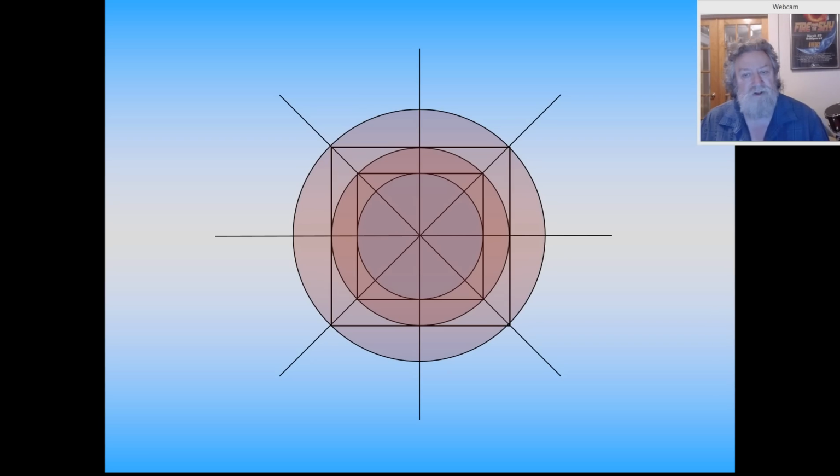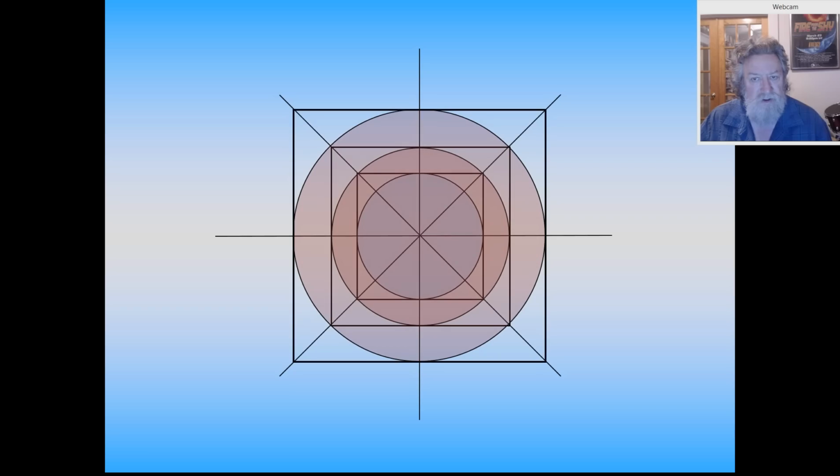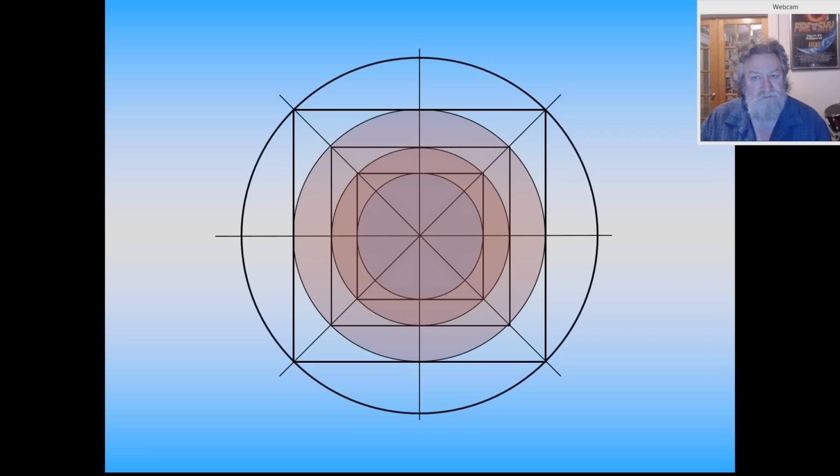And what we have here is a constant proportion of expansion based upon the square root of 2. Each of these circles, their diameters as well as their radii, is growing by the square root of 2.